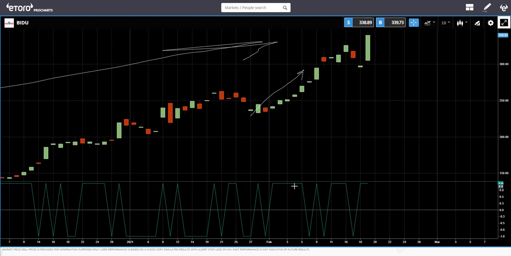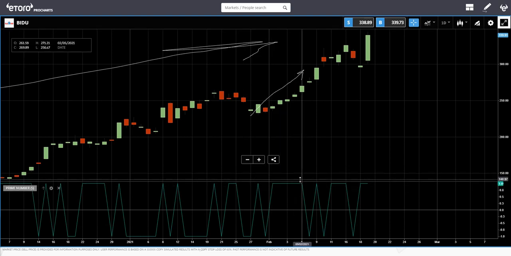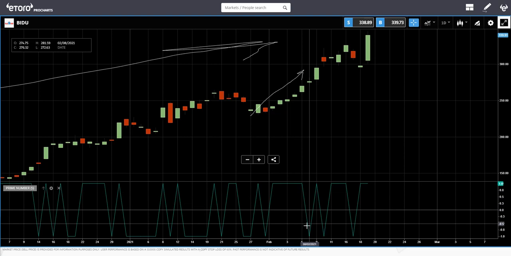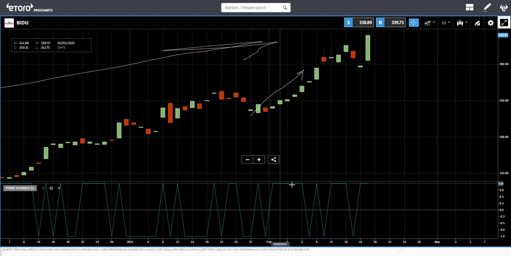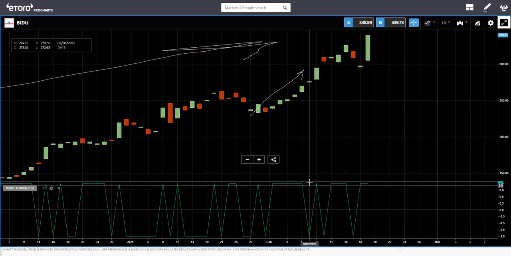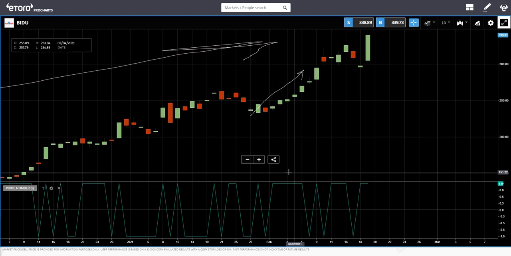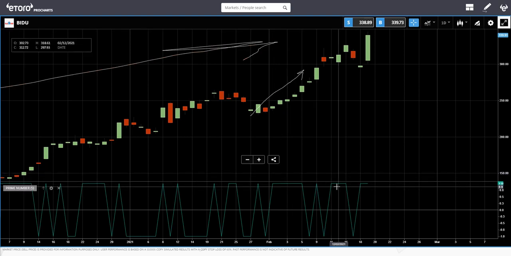You can find bigger or wider flat sections at the top and smaller sections at the bottom. So at the top you can see wider sections. That means we are in an uptrend.